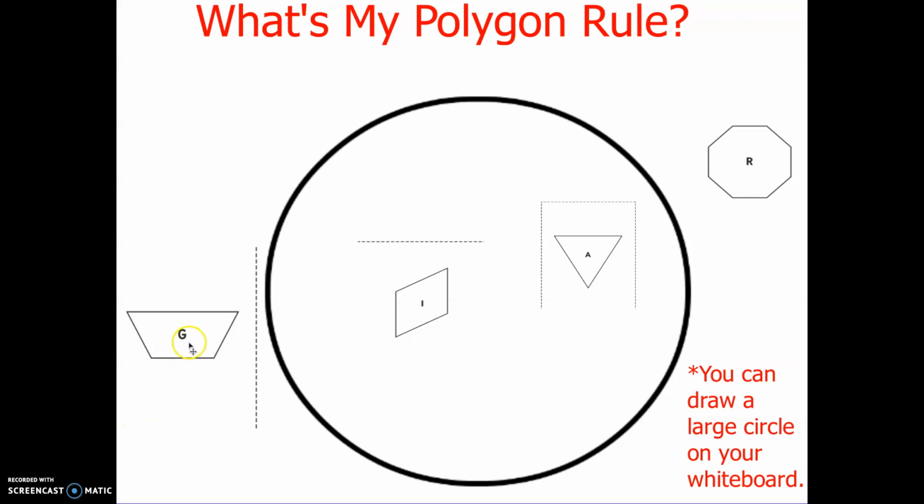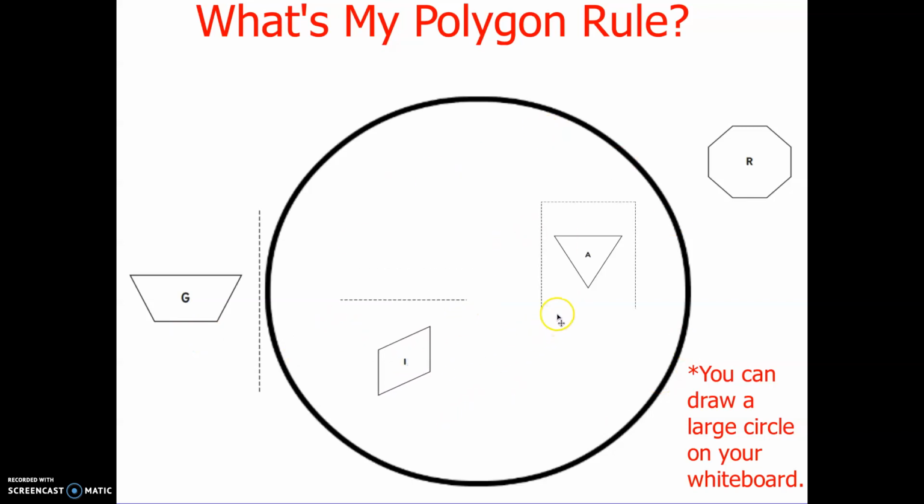And then I have shape G on the outside. It does not go in the circle because it does not fit my polygon rule. So I want you to take a look at shape I and shape A. Compare it to shape G. See if you can figure out why G doesn't fit my rule and can't go inside my circle.